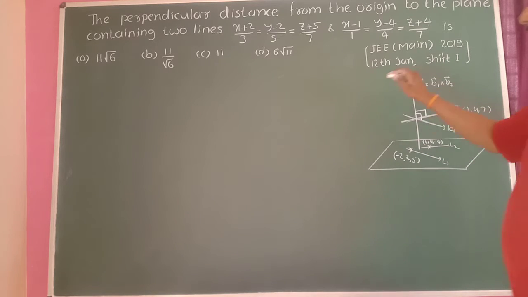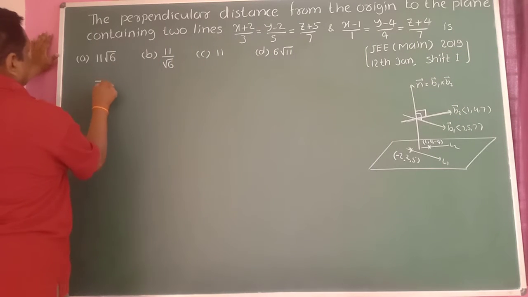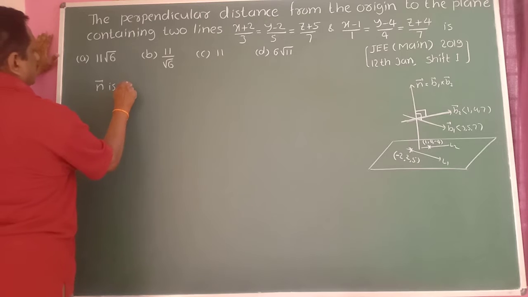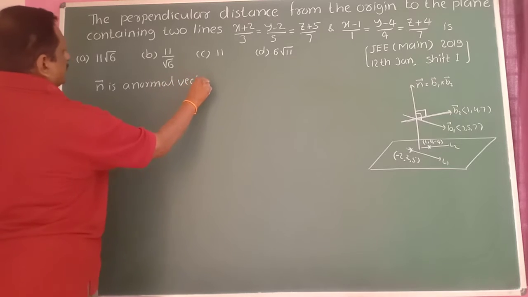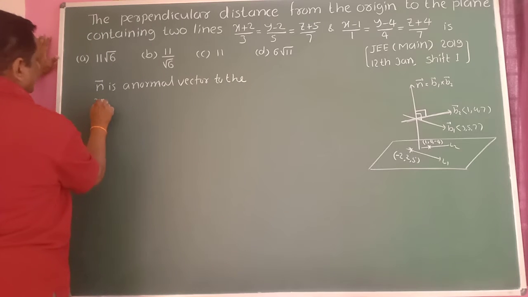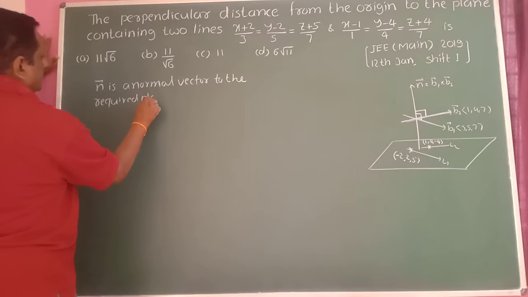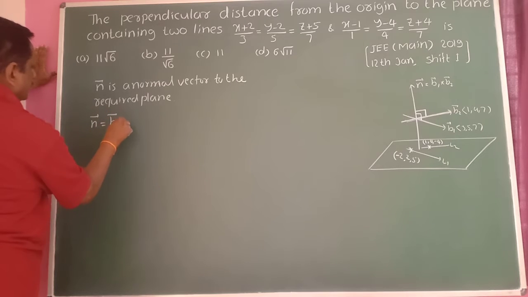First, to find n bar, n bar is a normal vector to the required plane. Therefore, n bar is equal to B1 cross B2.